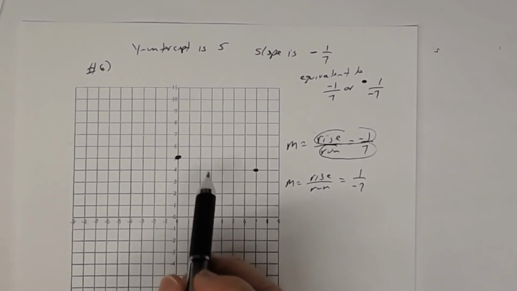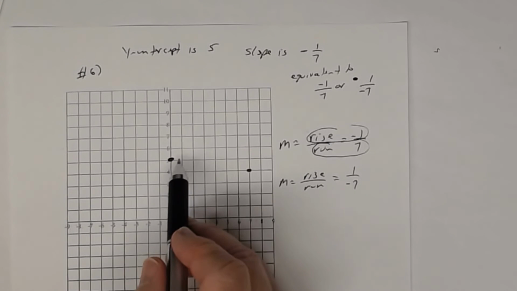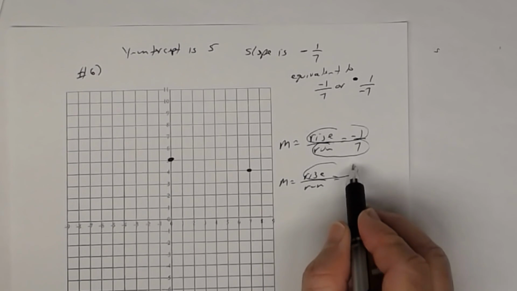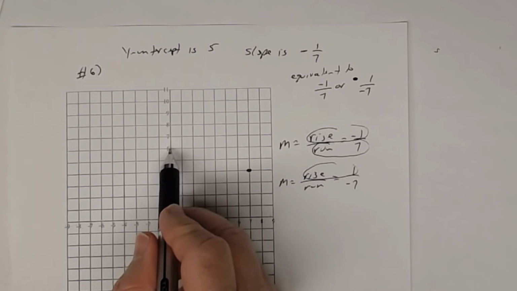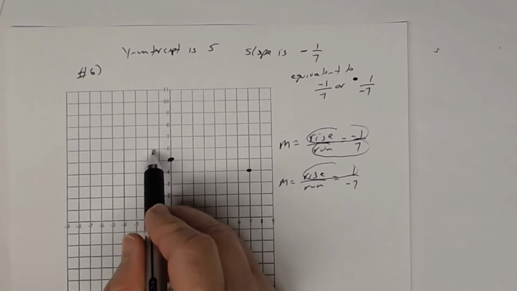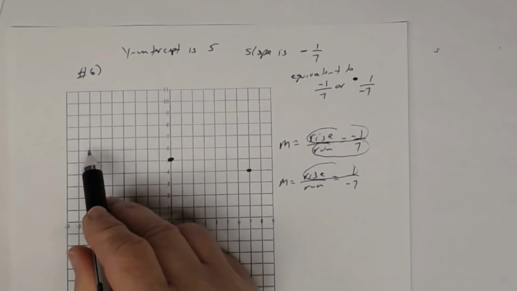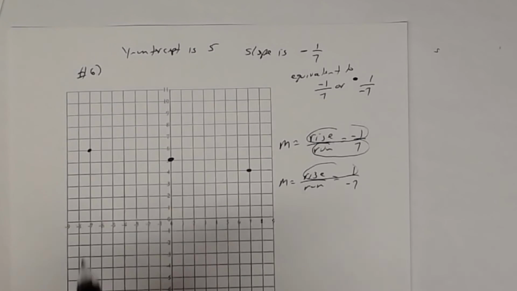So watch what happens. If you use 1 divided by -7, again from the y-intercept, my rise is +1, so I'm going to go up 1, and my run is -7, so go to the left 7. 1, 2, 3, 4, 5, 6, 7. So there's that other point.